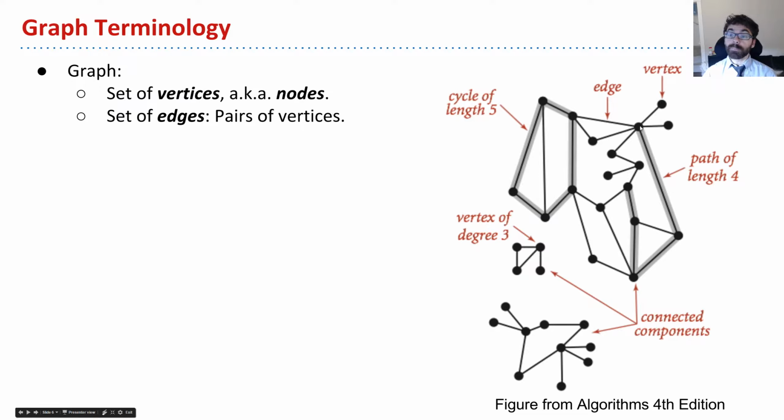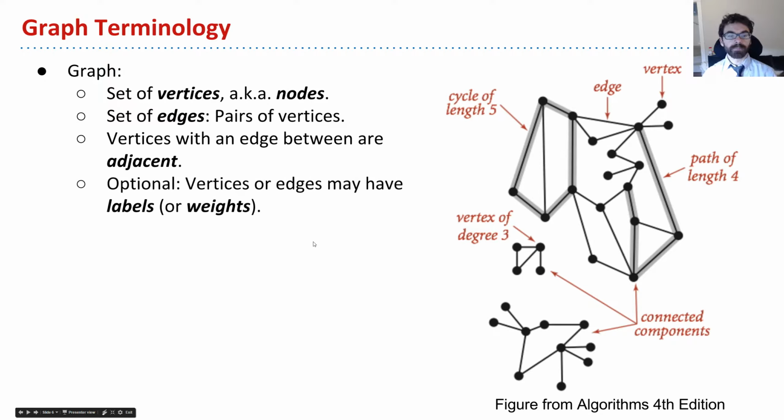And we could, in principle, represent this edge as the tuple containing these two vertices. Now, vertices that we have an edge between, we call adjacent. By the way, this figure is from the optional textbook for the course. These two vertices here are considered adjacent because they have an edge between them. These two vertices are not adjacent, even though they're close on the page, because there's no edge between them.